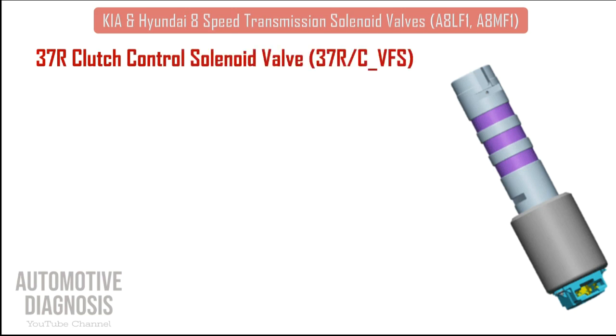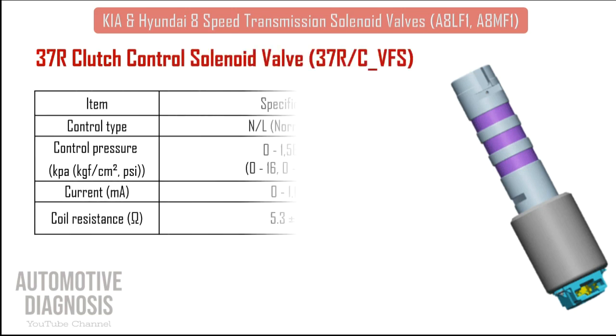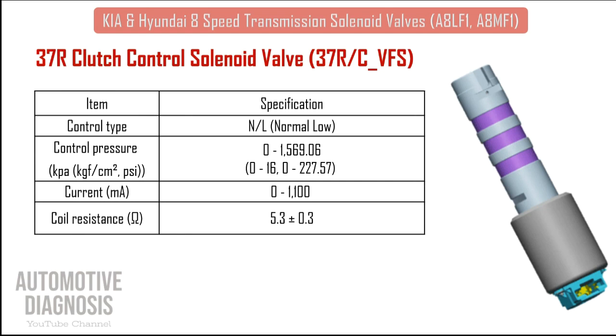The next solenoid is the 3/7/R clutch control solenoid valve. This one is a normally low as well, exactly like the previous one. So the current range is again between 0 and 1100 milliamp, and the resistance is the same because they are exactly the same type of solenoid valves.